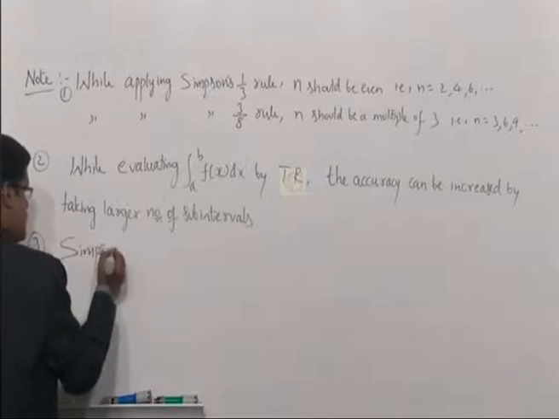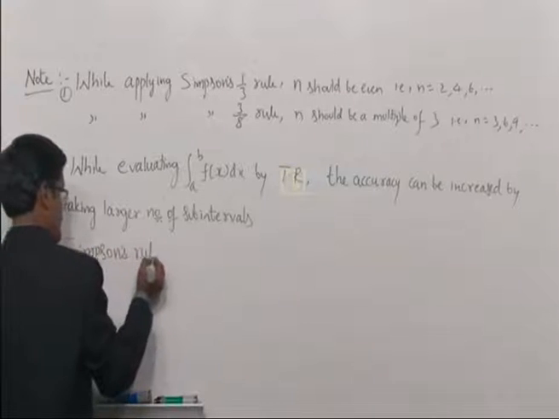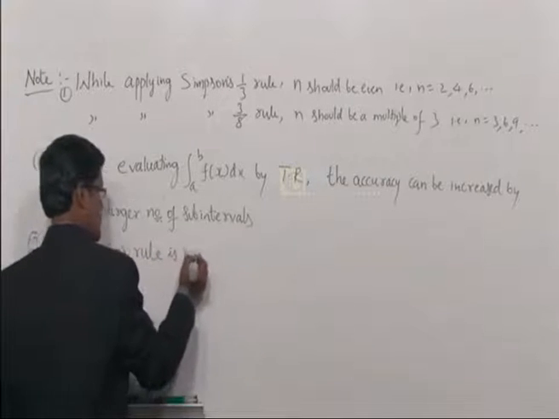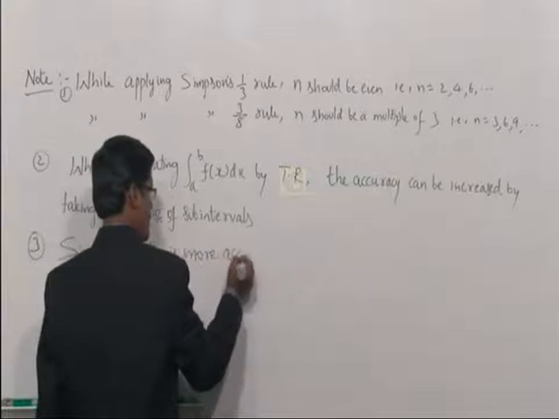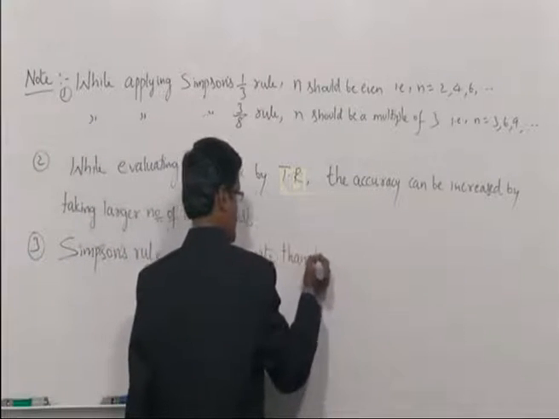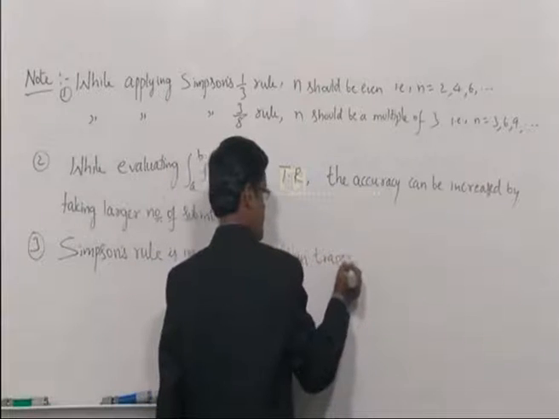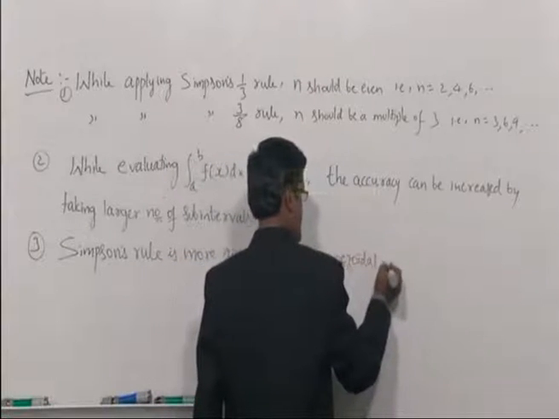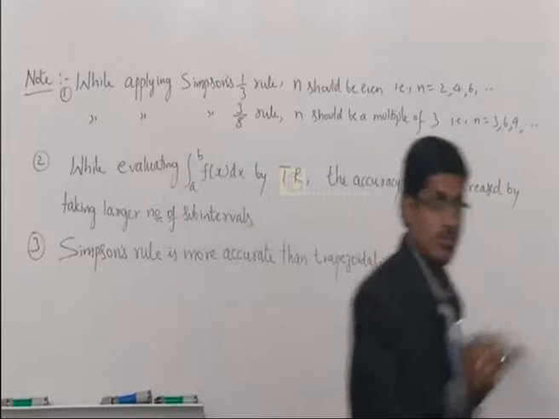Simpson's rule is more accurate than the trapezoidal rule.